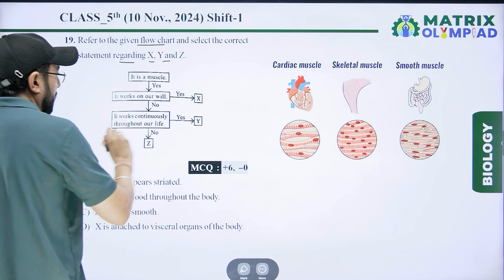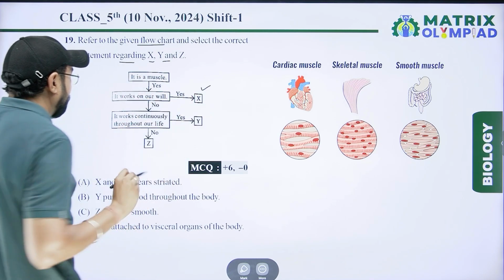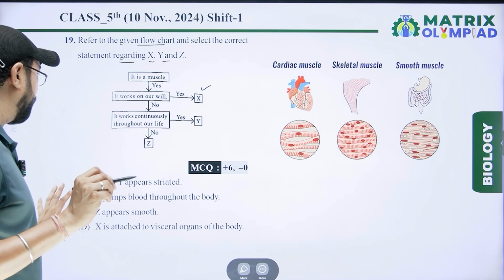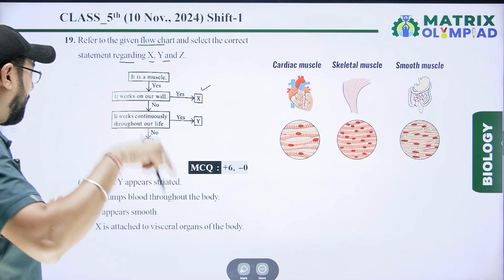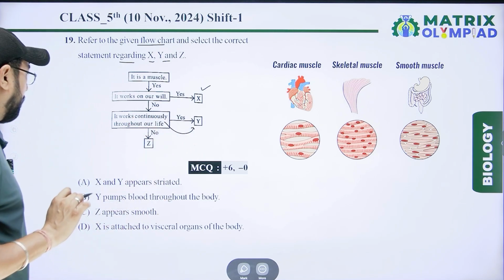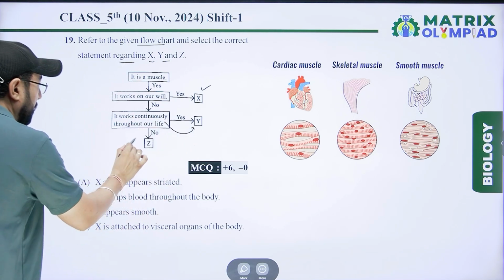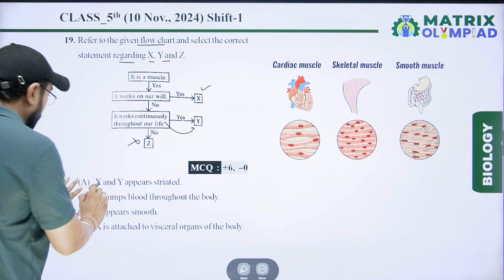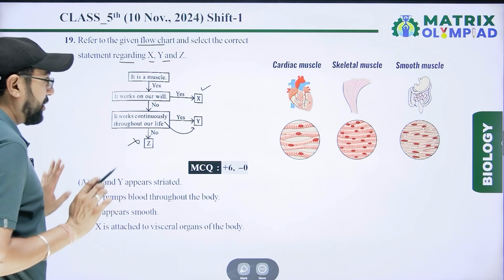Okay, then that is X. It works continuously throughout the life. Relate to Y. Continues through life, right? So X and Y appear striated.